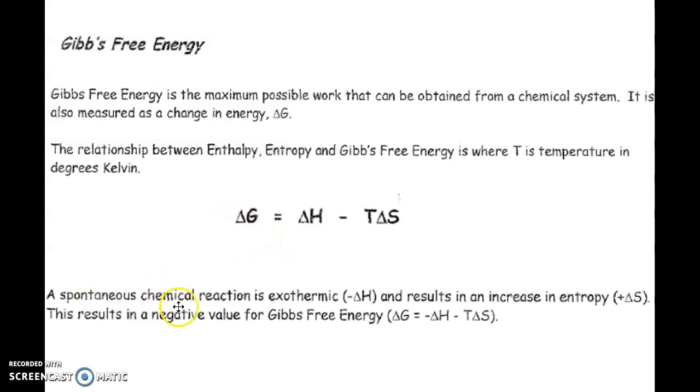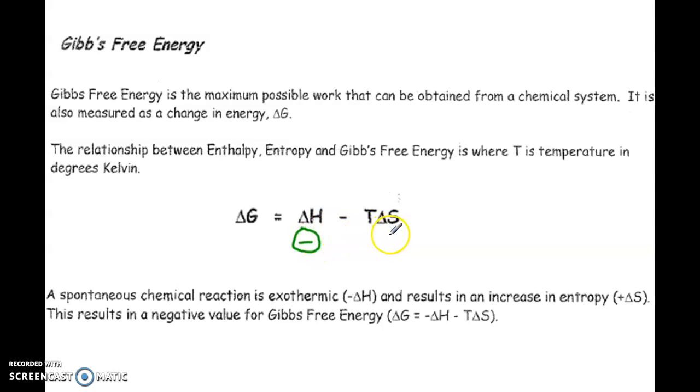So a spontaneous reaction would indicate that we have available free energy. How that happens is we need a couple of things to go down. First of all, this has to be an exothermic process, meaning there has to be energy that is released overall.